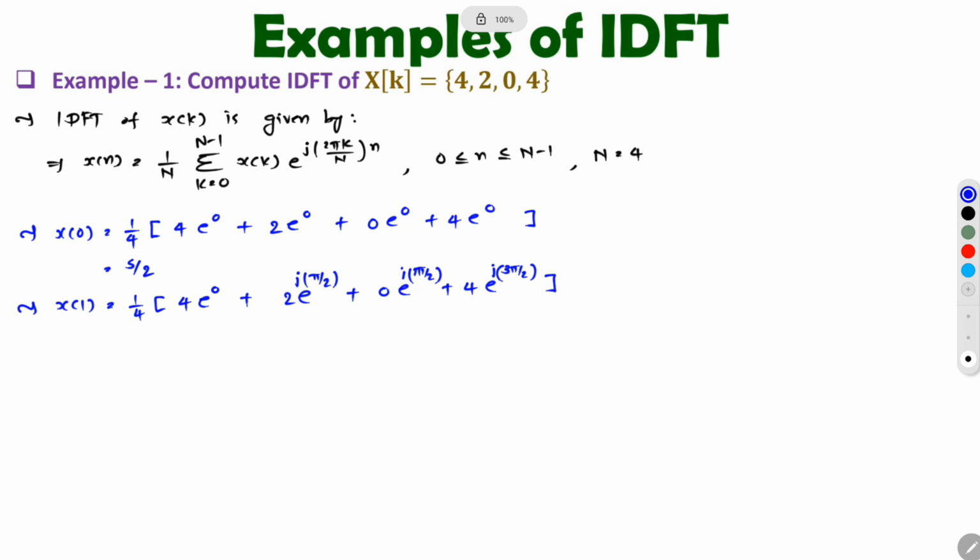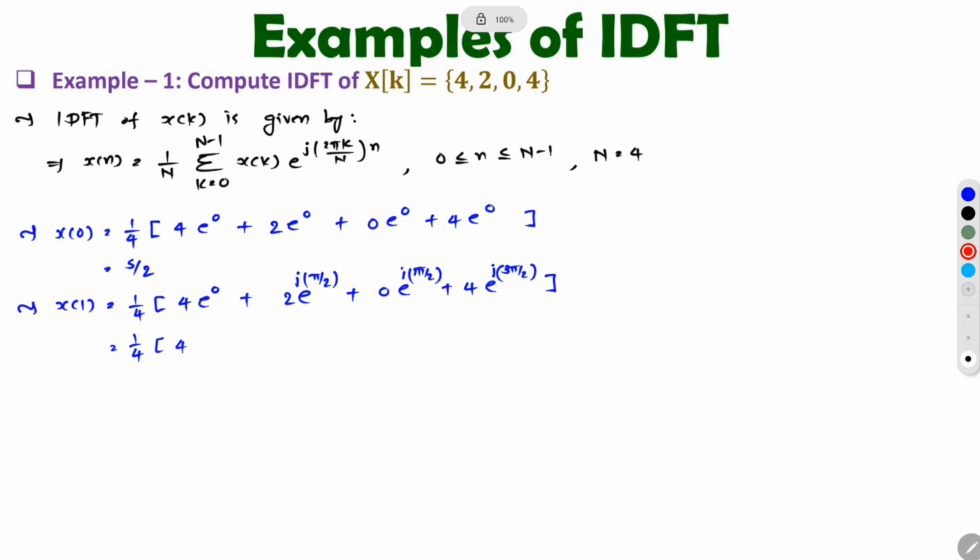Now see, here we have 1 by 4. E to the power 0 is 1. But if you observe, here we have e to the power j pi by 2. So how to remember the values for e to the power j pi by 2, 2 pi by 2, 3 pi by 2? Let me explain that separately over here.